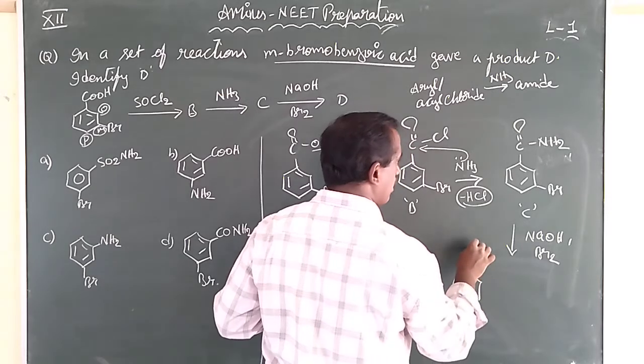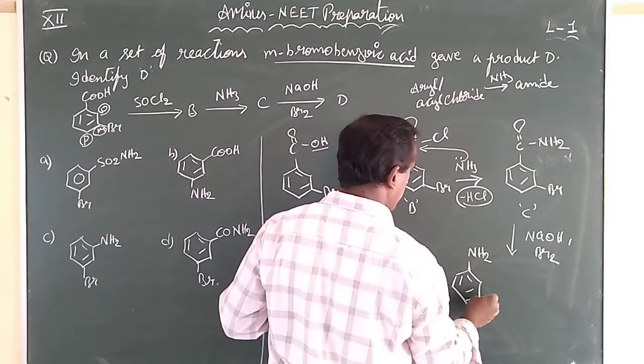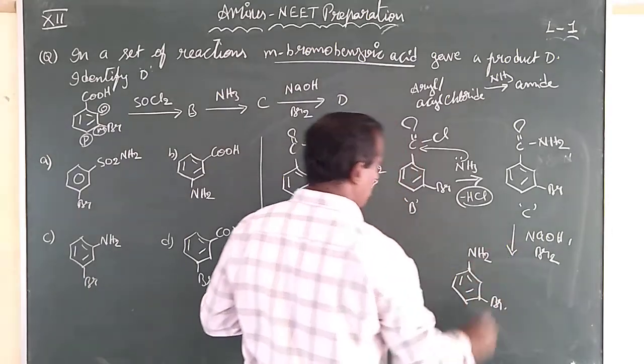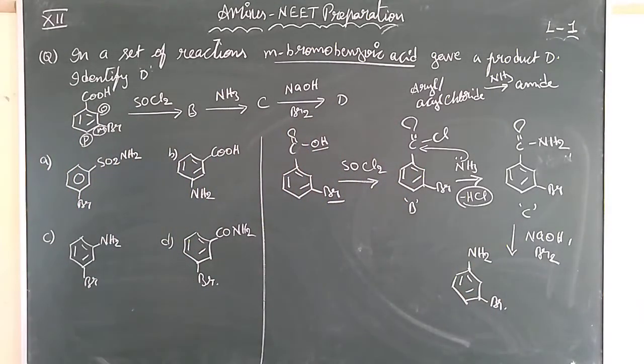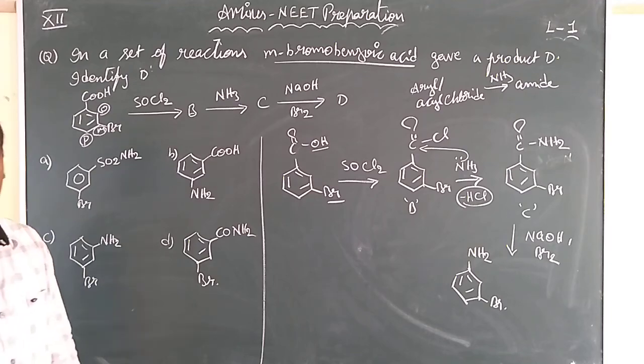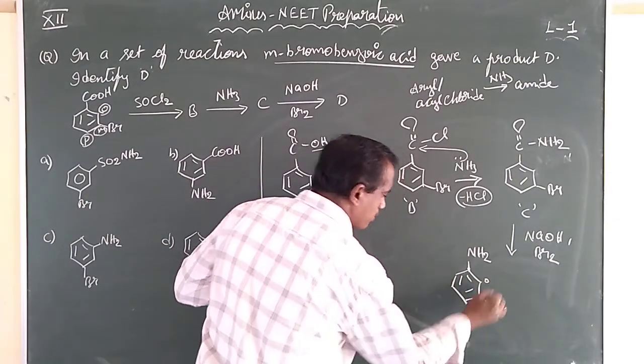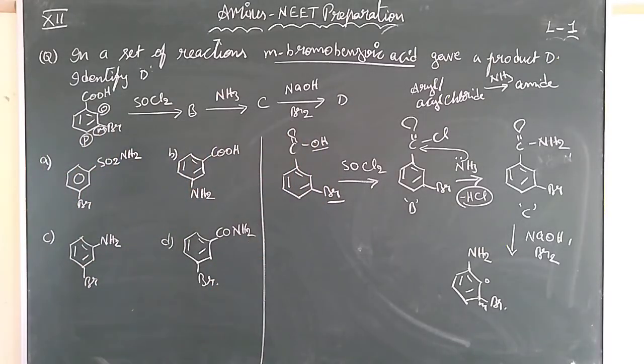What will be the product, children? NH2Br. Find out the product from the given options. I will not explain where the option is because options are there. You must understand that at the meta position, bromine must be there.